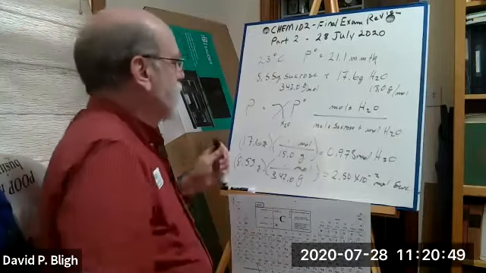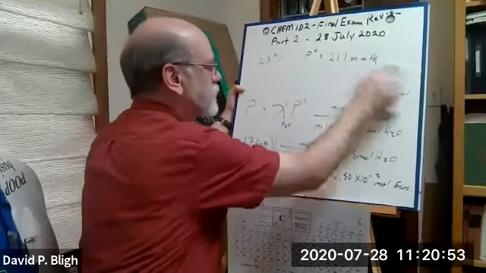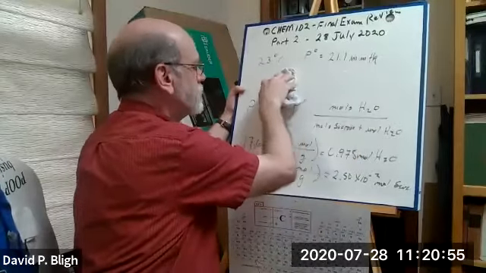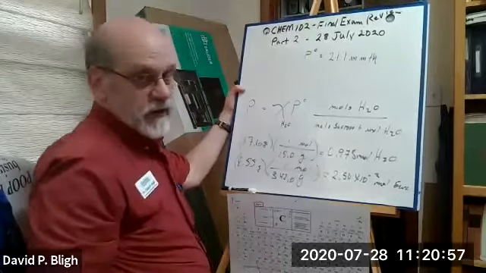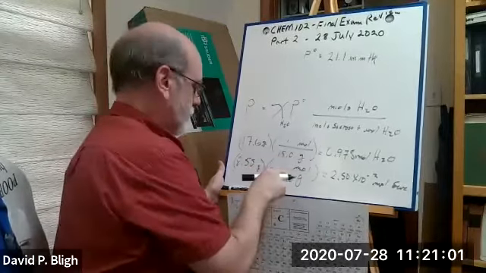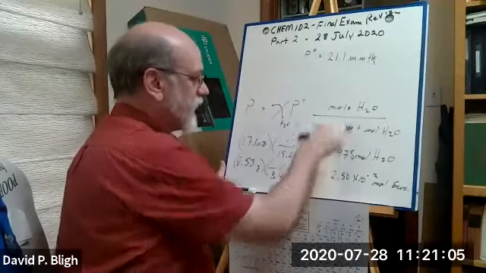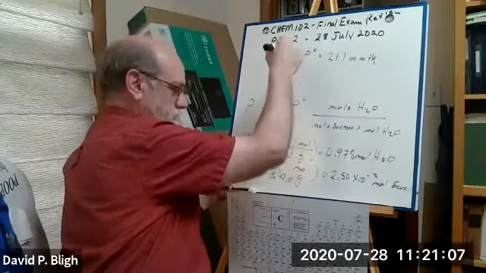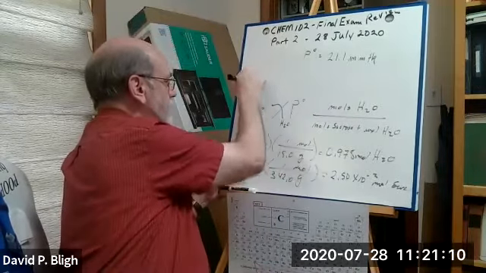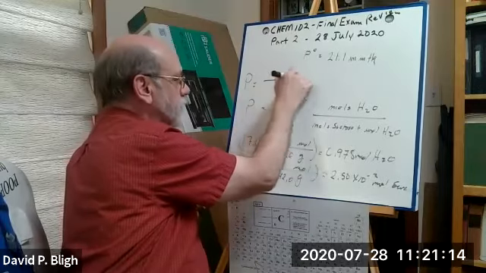Okay? So, I need to make some more room here. Let's do this. We don't need the temperature because it's not changing. So now we need to put moles of water as the final pressure is equal to the mole fraction.